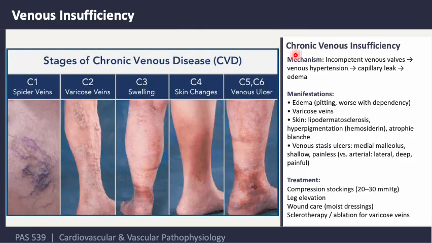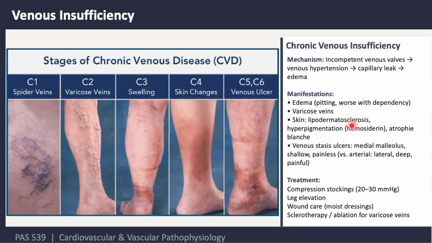Next, we're going to talk about chronic venous insufficiency. This is usually due to incompetent venous valves that can lead to venous hypertension. And then you have the capillaries leak, and then it can cause edema. It usually presents with edema, varicose veins, and then some hyperpigmentation.